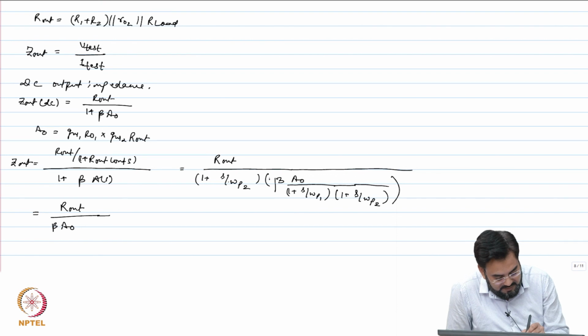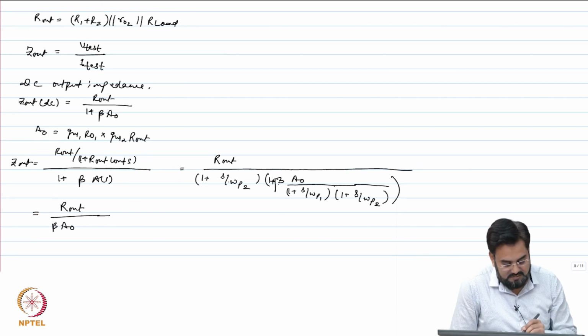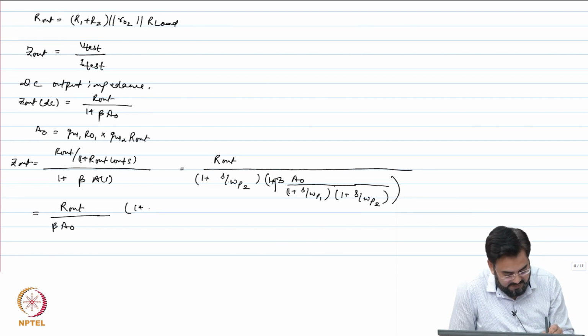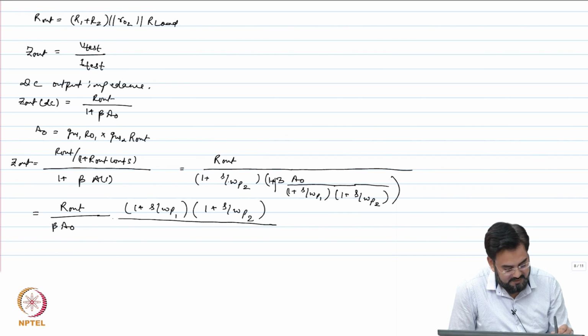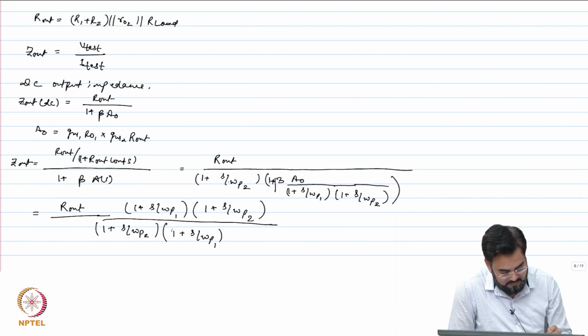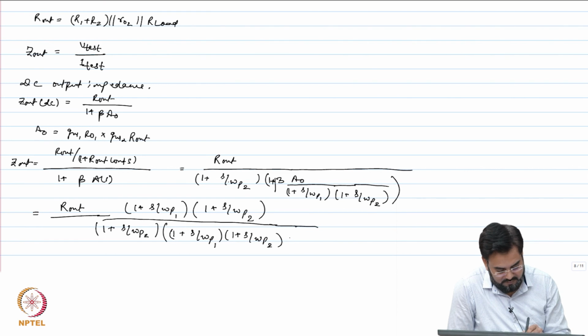Wait, there is a 1 plus term also. So now you have 1 plus S over omega P1 into 1 plus S over omega P2 divided by... okay.